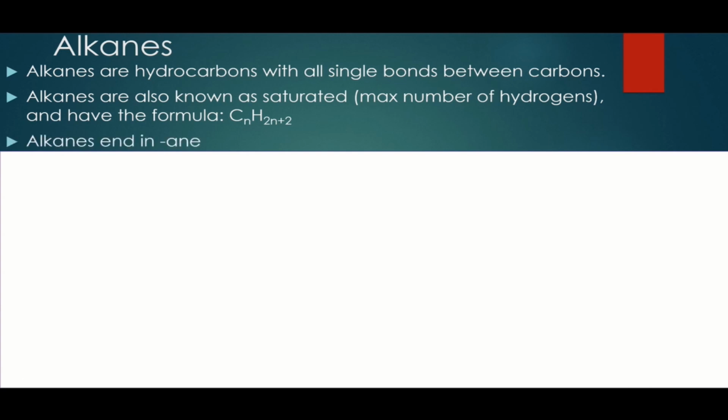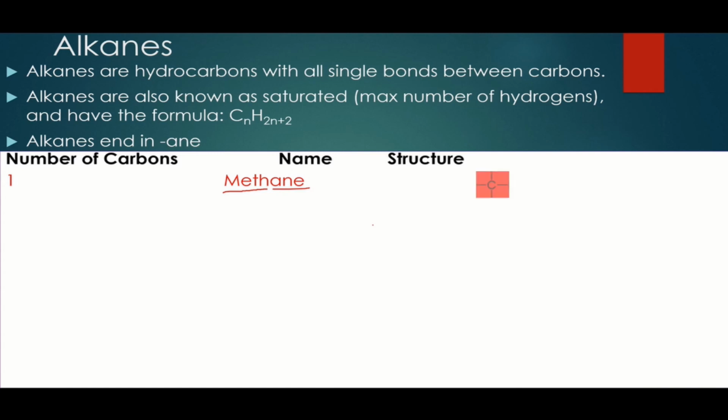When naming alkanes, they always end in the suffix ane. Let's take a look. Remember those prefixes from the previous page? Well, when we have 1 carbon, the prefix is meth. And the ending is ane, letting us know that they're all single bonds.